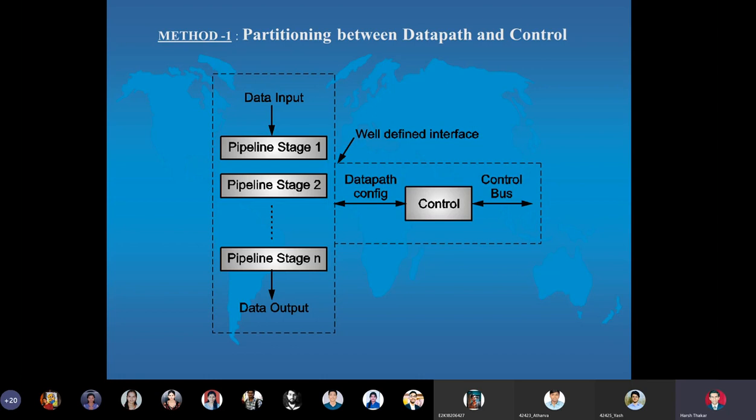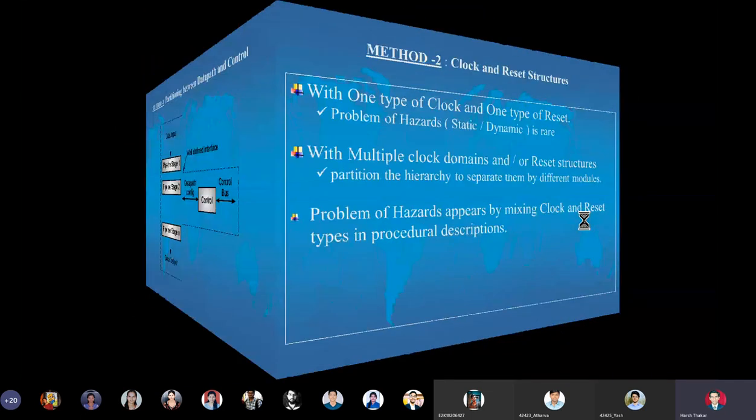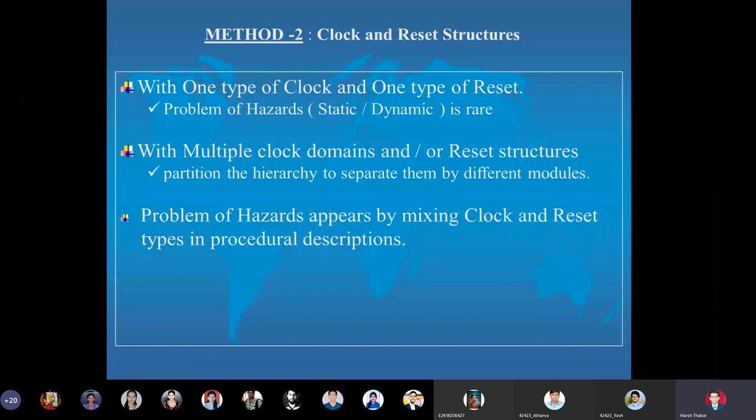So usually the control path operates at a lower frequency, but it performs the most important function of configuring the data path. That is why here we have said that the first efficient method of partitioning for synthesis is partitioning between data path and control, and between the two paths there is a well-defined interface. Okay. Now the second method is called clock and reset structures.